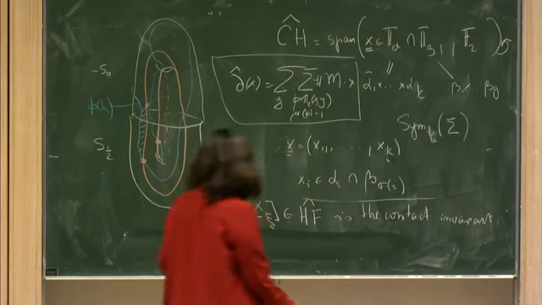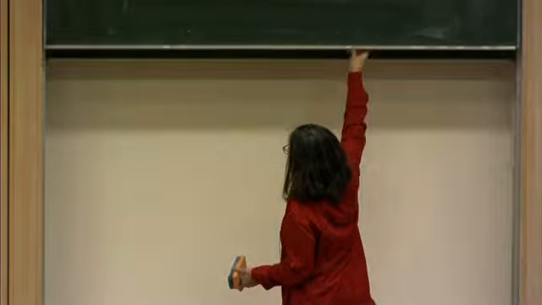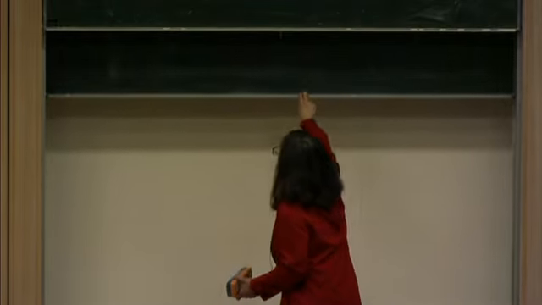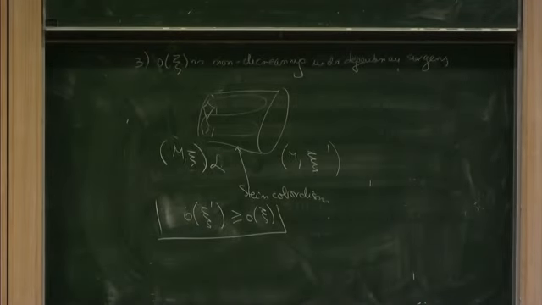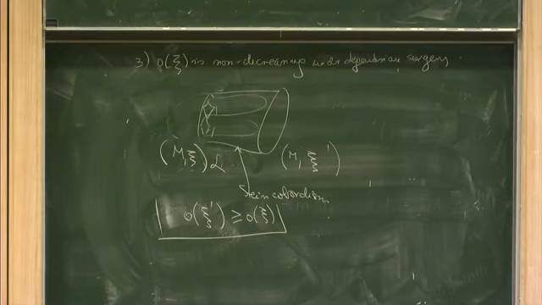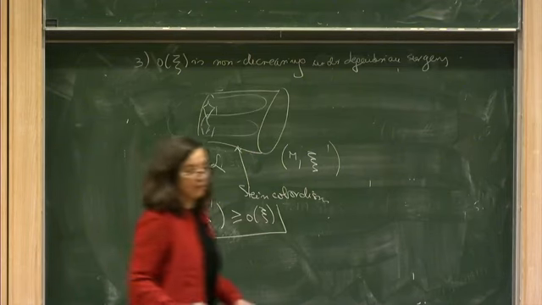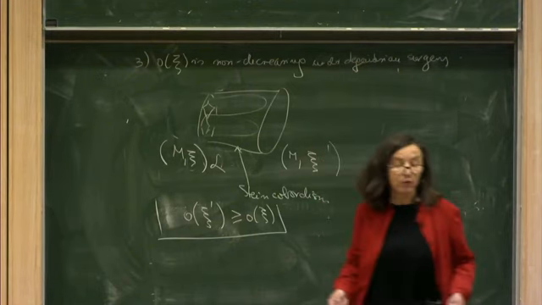So when the contact structure is overtwisted, there is an obvious disk that kills the contact invariant, and that disk is just a simple disk with two points on the end, a simple holomorphic disk.